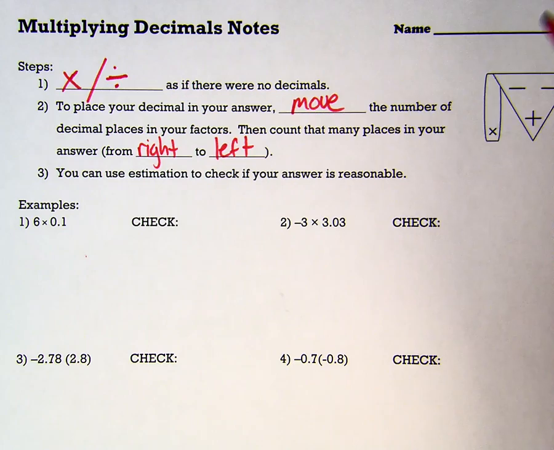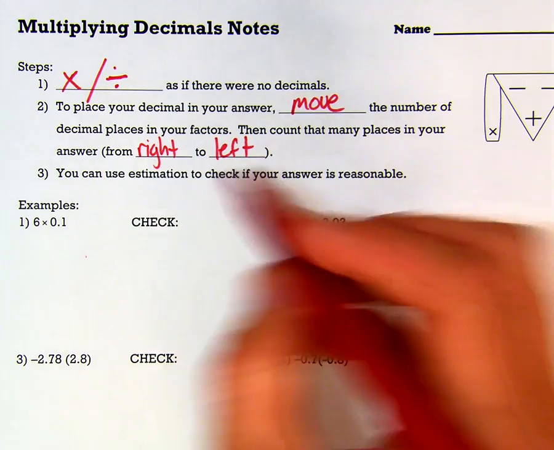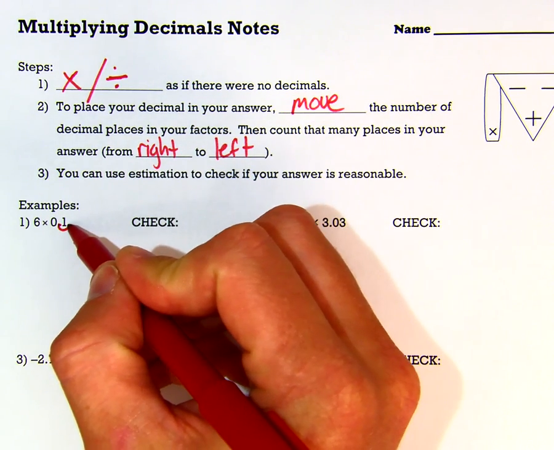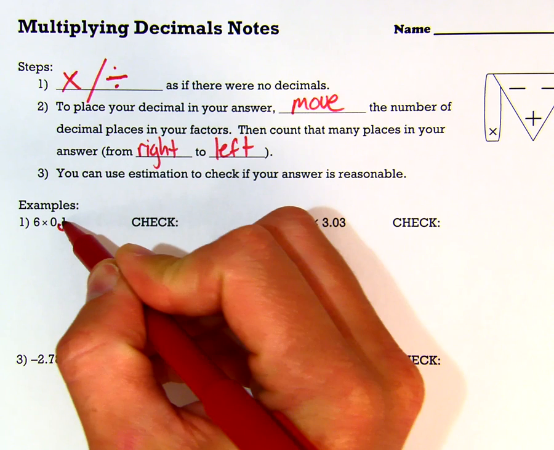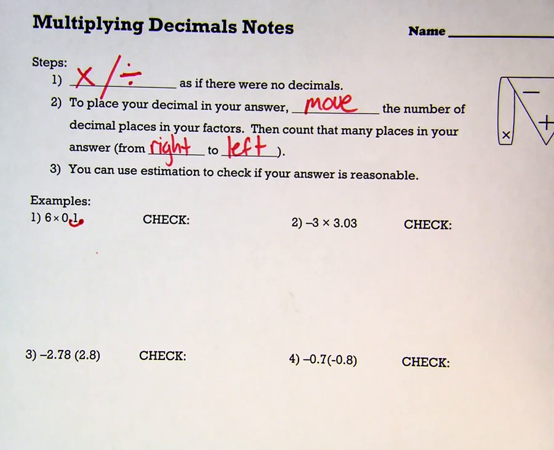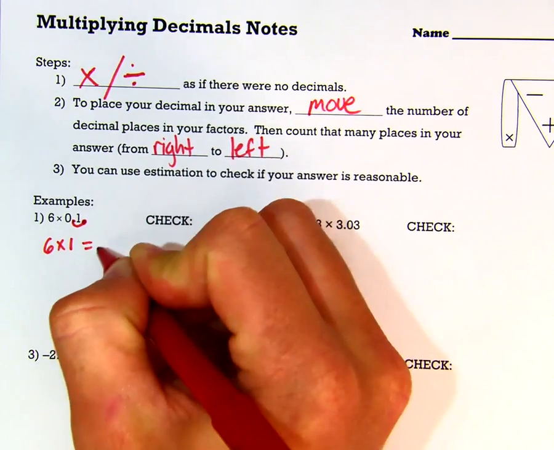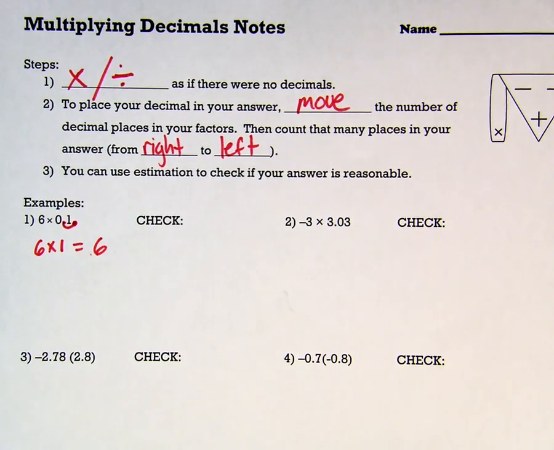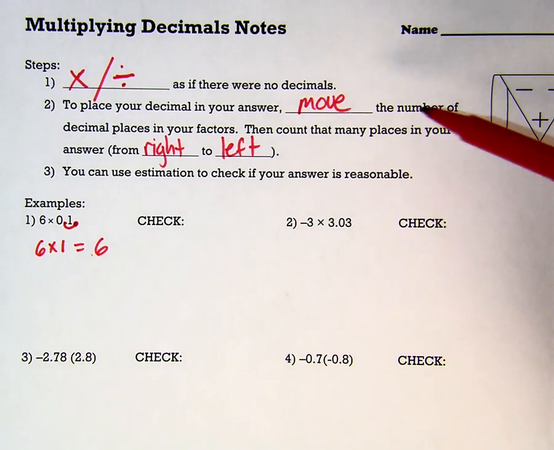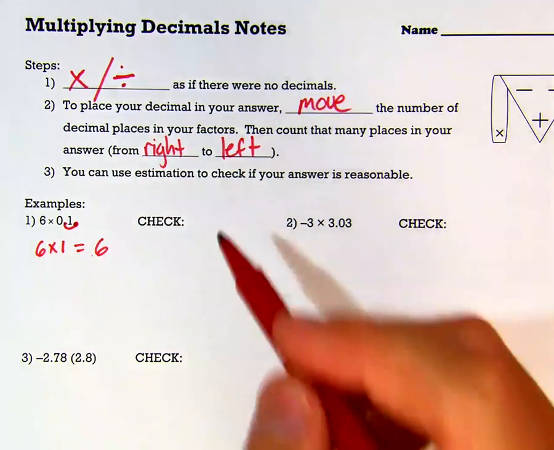Okay. So the first thing I'm going to go ahead and do is I'm going to move my decimal place in my factor. So I'm going to move this over here. So instead of 0.1, it's going to be 1. Then I'm going to multiply 6 times 1 is equal to 6. Now, the next step is, however many places I moved over, I need to actually move back.